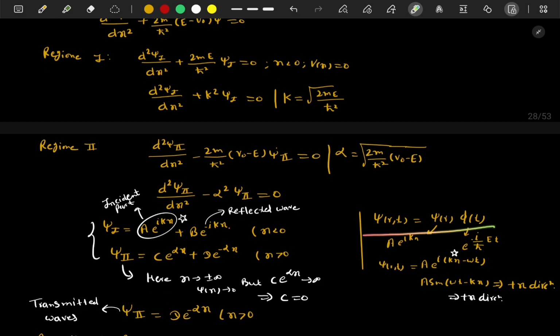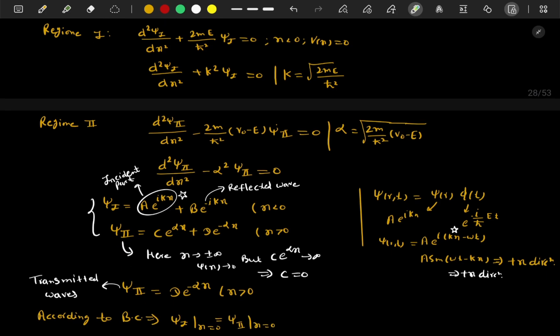We know the wave function psi of r has two functions, simply for position and time. This depends on time, this depends on space. Combined, we write it as e to the power i(kx minus omega t). From here, if we compare signs, if kx and omega t are in opposite signs, it is the positive x direction; if both are in the same sign, it is the negative x direction.